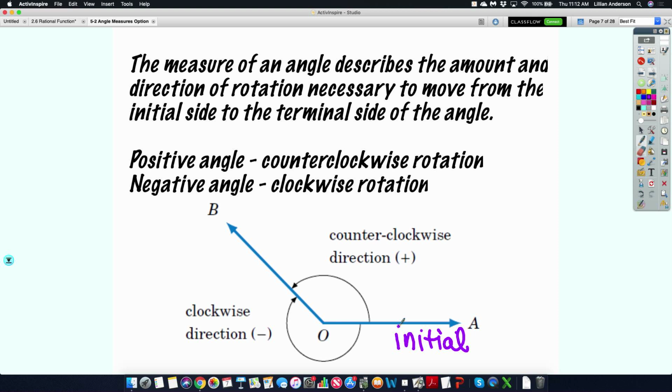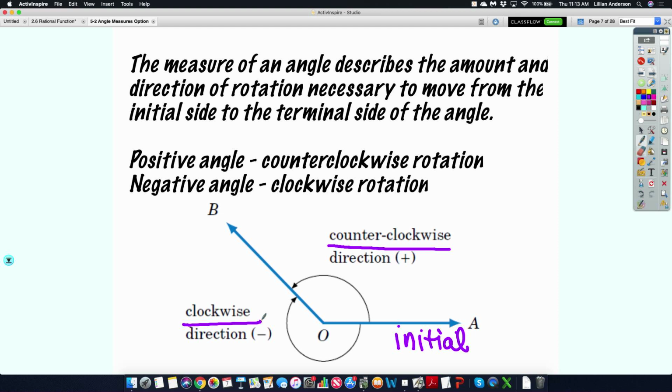If you happen to draw the angle going in the counterclockwise direction, you basically created a positive degree angle. However, if you draw it and you go in the clockwise direction, you created a negative degree angle. Okay?